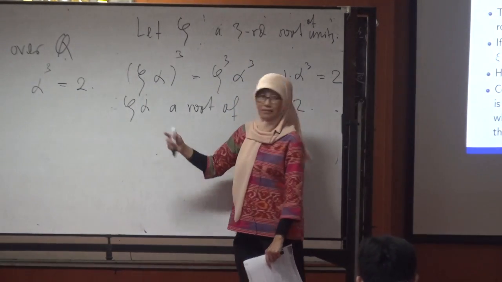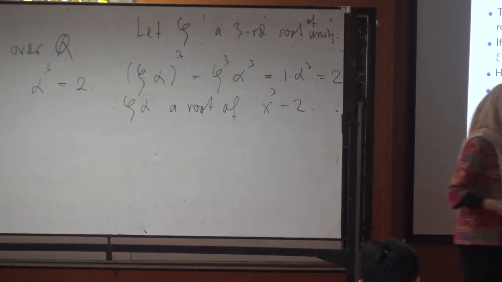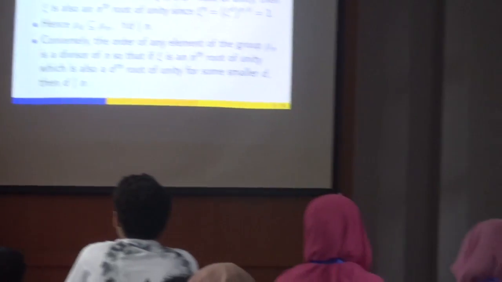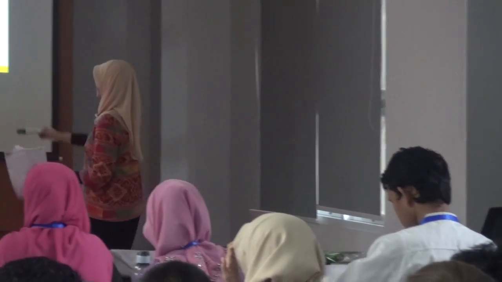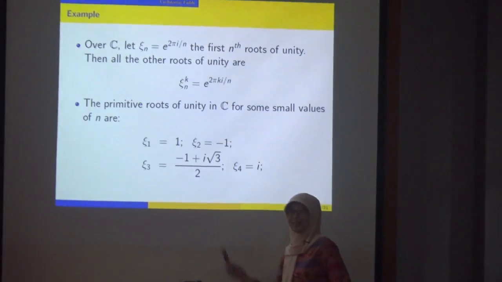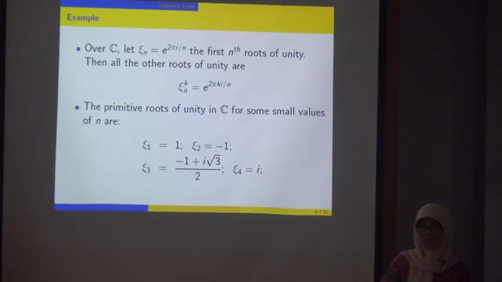And you can look once more at our list. So I will go back. This is our zeta. Because this is 3, it means third root of unity.